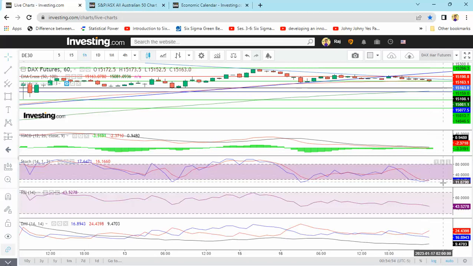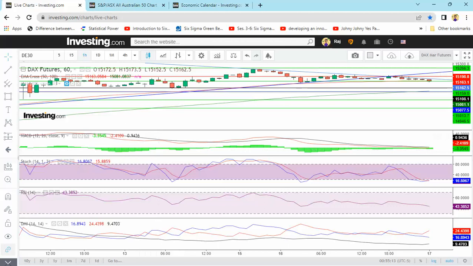The same with the stochastic, it is trying to go up, and RSI is also trying to converge from here to a buy side. So until the market opens, some bullish movements are expected.